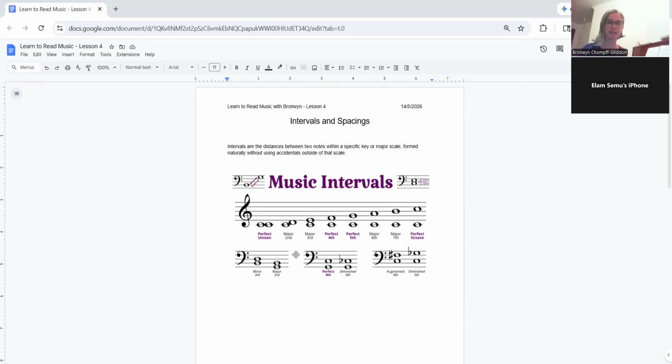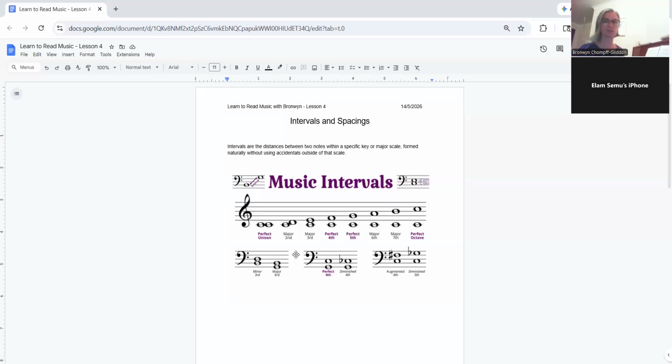So in that musical alphabet, there's 7 notes, 7 letters. And so when you get from C to the next C, that is an octave. That is 8 notes. An octave is 8 notes. It's easy to remember, just like an octopus.